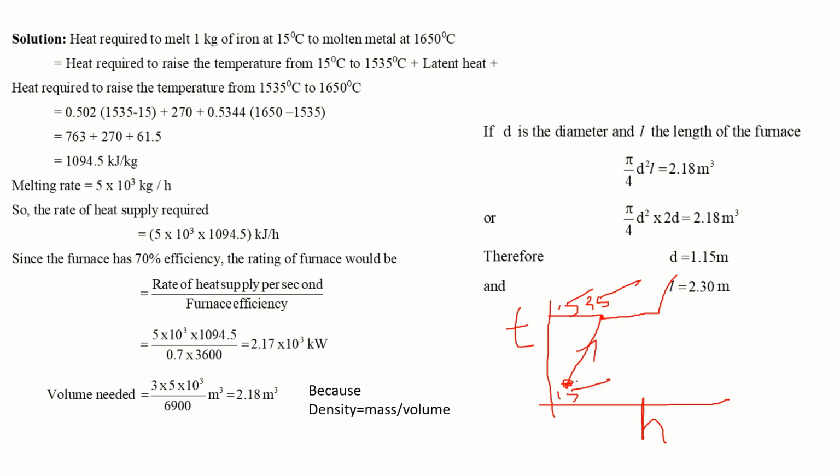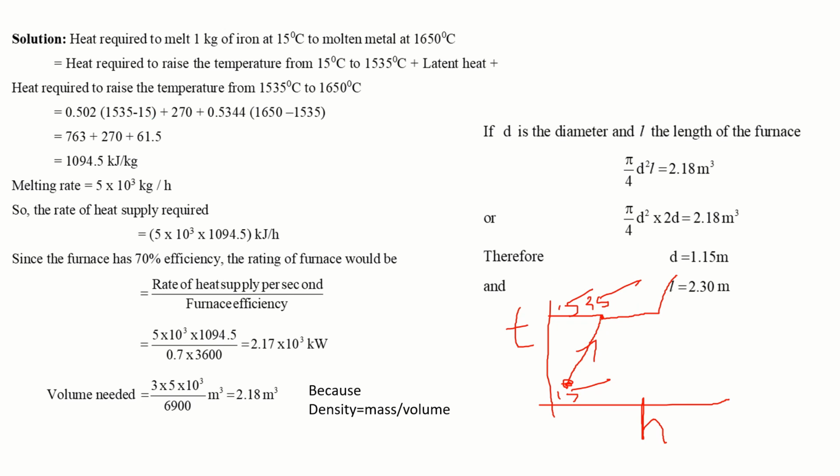This linear part is sensible heat: mass into specific heat into temperature difference. If I consider the mass as 1 kg, specific heat Cp as 0.502, and the temperature raised from 15 degrees Celsius to 1535, that is the heat supplied to melt it: m, Cp, delta T, the temperature rise.